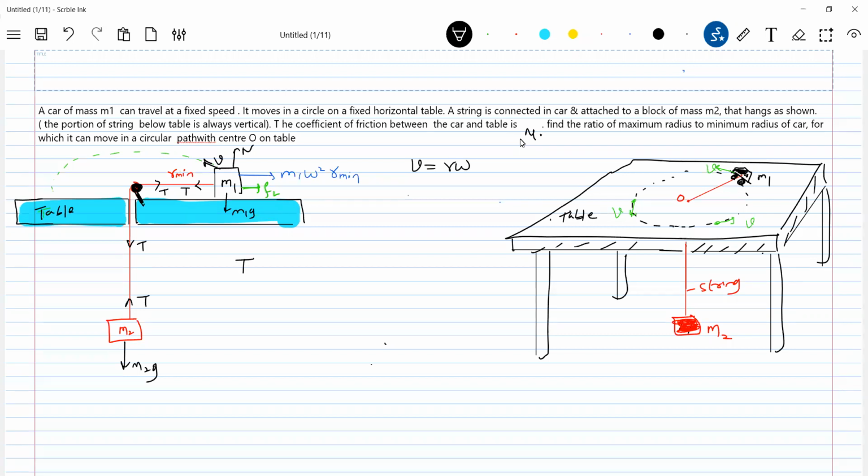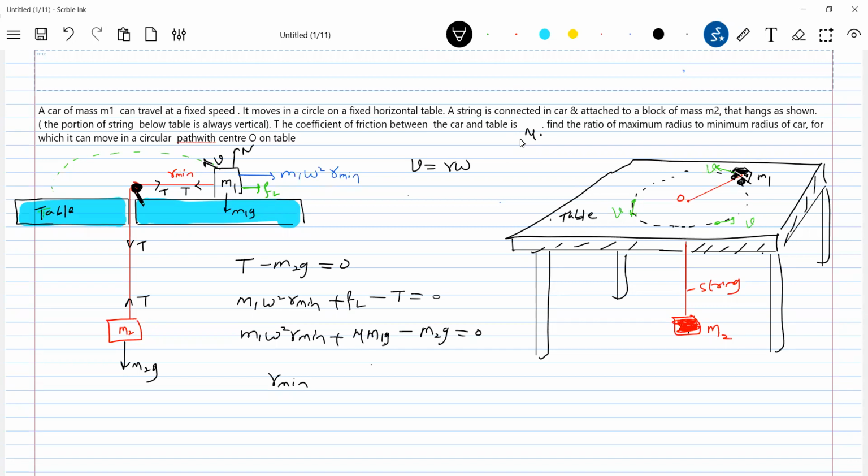Then at equilibrium, T minus m2g equals 0. For the forces here, m1 omega square r minimum plus fl minus T equals 0. So m1 omega square r minimum, this will be mu m1g, T is m2g. It's asking for the expression for r minimum.